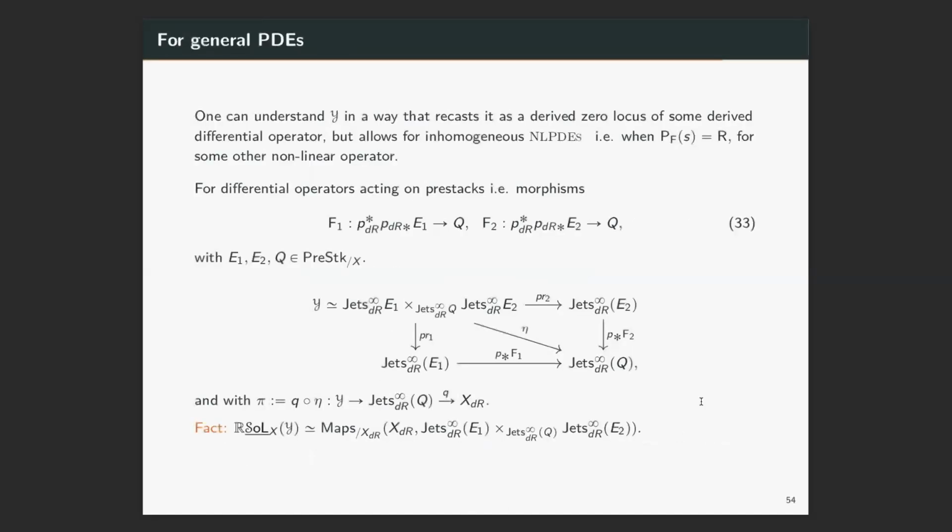Okay, and then you can just do something more general, using the fact that differential operators from a stack E to F, or even sheaves E to F, are the same as D-linear morphisms from jets of E to jets of F, using adjunction. So remember, this is jets infinity of E to Q. That's just an infinite order differential operator out of jet spaces.